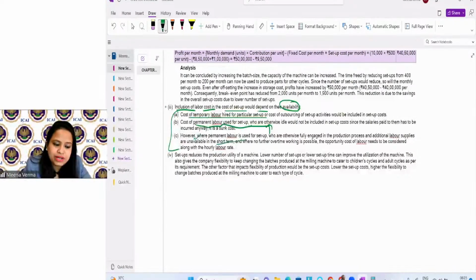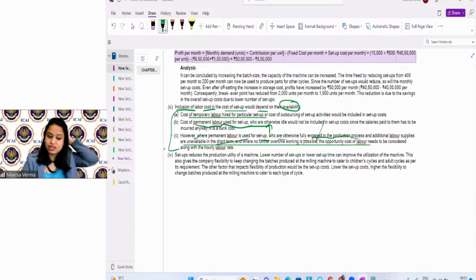However, where the permanent labor used for setup is otherwise fully engaged in the production process, additional labor supplies are unavailable in short time, and no further overtime working is possible, the opportunity cost of the labor needs to be considered.